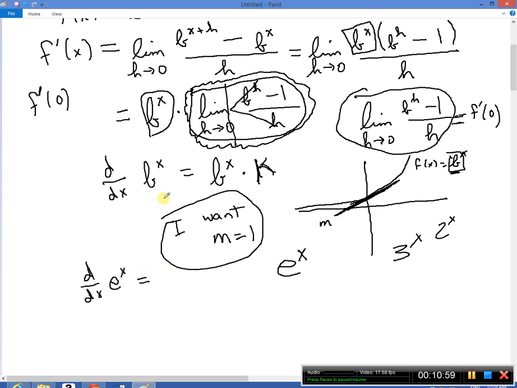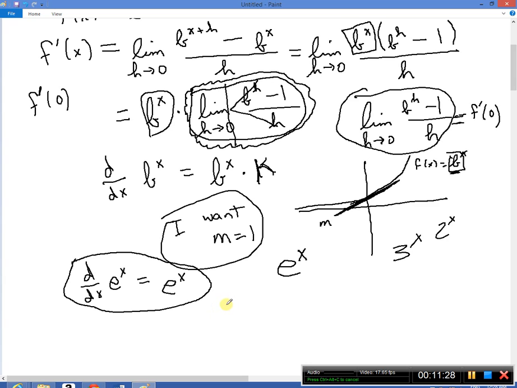It says that the derivative of e to the x is e to the x back again times this constant, where this constant is the slope of the tangent line at 0. But e was picked so that it would have slope at 0 equal to 1. So the derivative of e to the x is e to the x times 1. So ladies and gentlemen, here is a function that is equal to its own derivative.